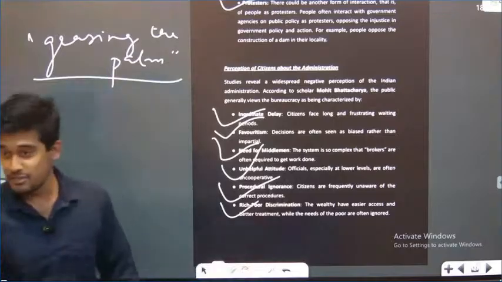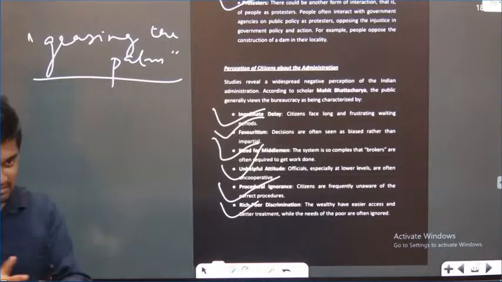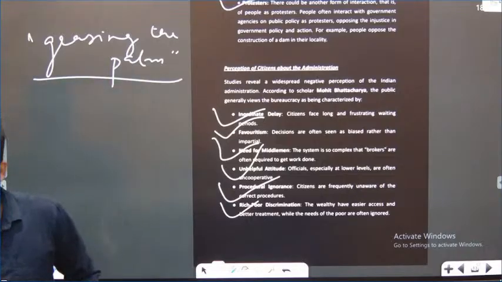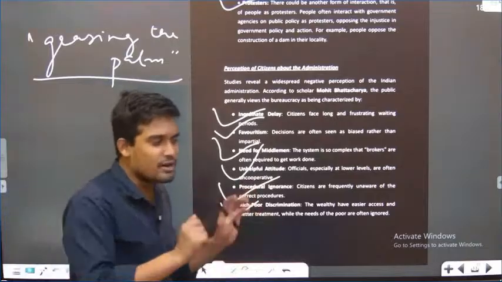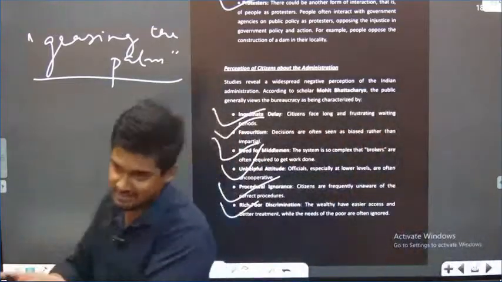Rich-poor discrimination. If a big person reaches a government office, everybody says sir, whatever you need. Or you must have seen, if there is a rich man in an area and they have some work to be done by the police, they just call the inspector and the inspector comes in.